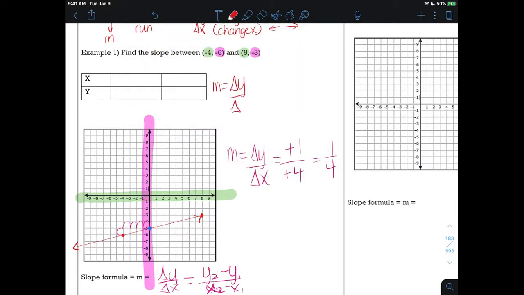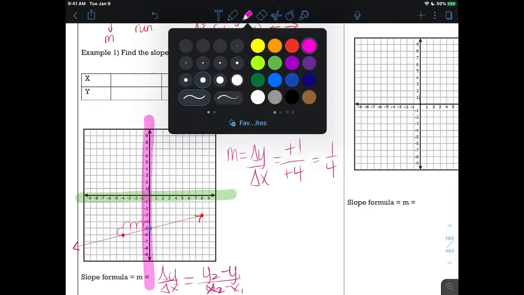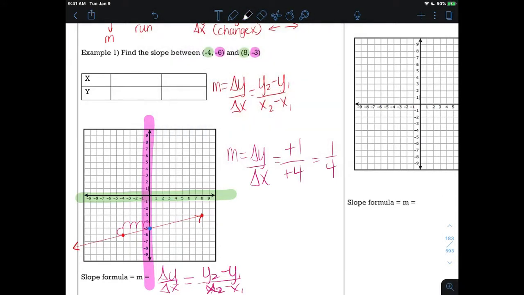And I always write it out this way, and the reason is because it will help me remember all the things I need to know about slope. So every time I do this, I usually write this out like this. Now, if you notice something, these guys both have negatives. That means we have to be extra special careful with them. So whenever I'm going to fill these in manually, I always write it up in my negative.